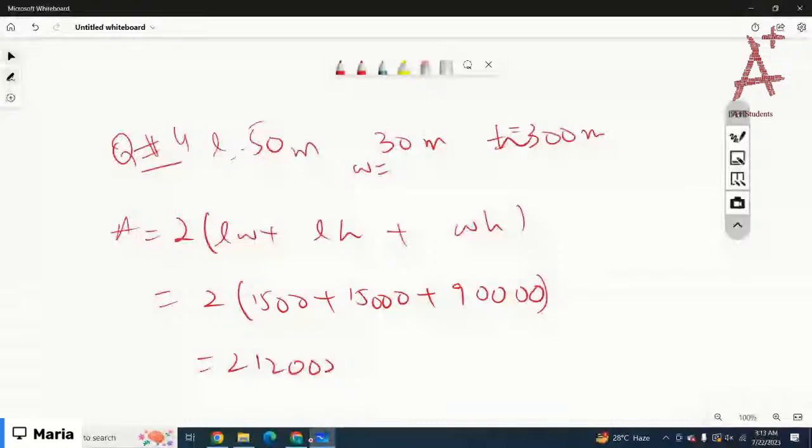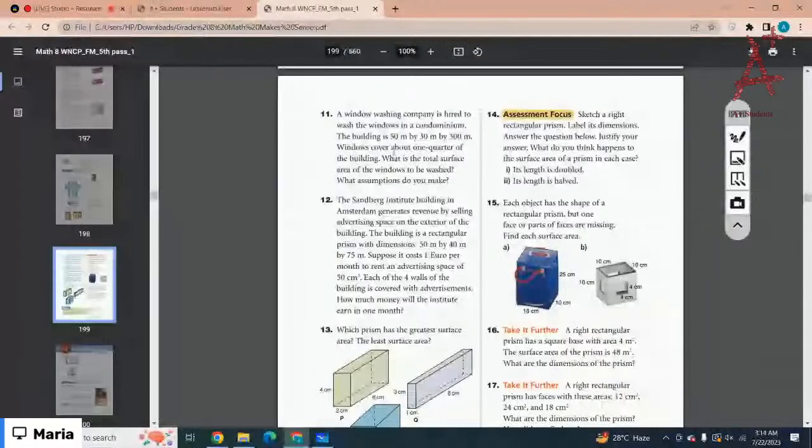Windows cover about one quarter of the building. Got it? So one quarter means you have to divide the value by 4. That is 212,000 divided by 4. That is the area of the building.